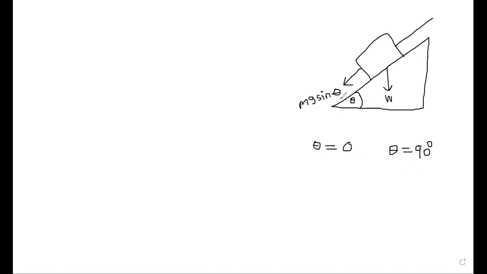If theta is equal to 0, this means this person is not hanging on to anything. He's lying on a flat surface, which would be wrong in this case because they're saying he's hanging onto something, right? So we must check in the limit of theta is equal to 90 degrees because that would mean that he is hanging onto something. There's an angle there.